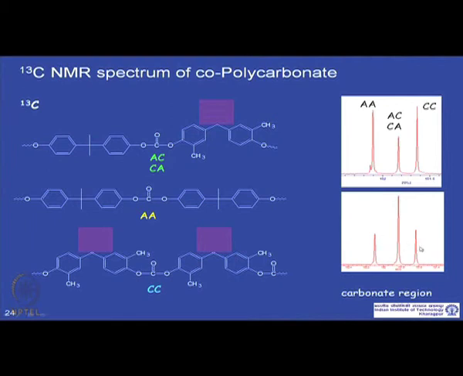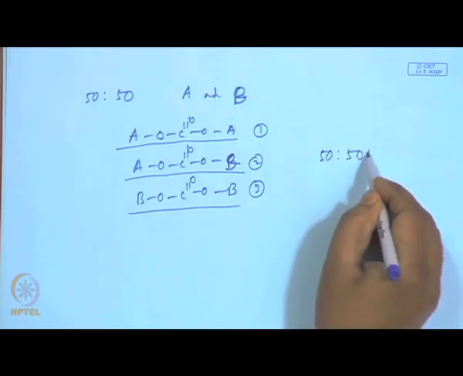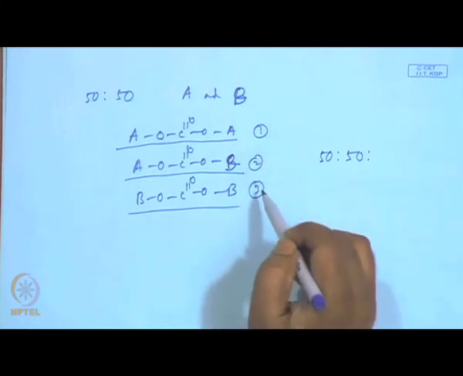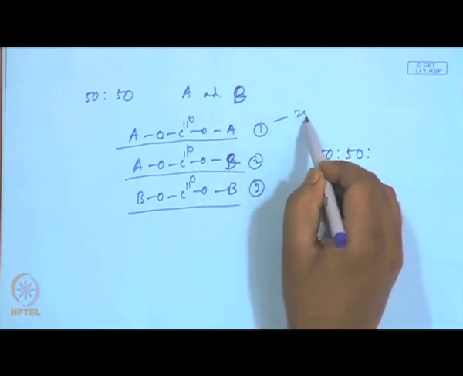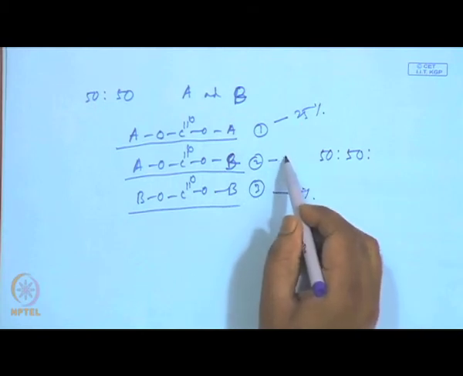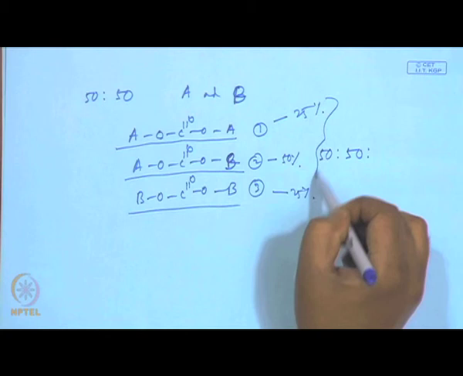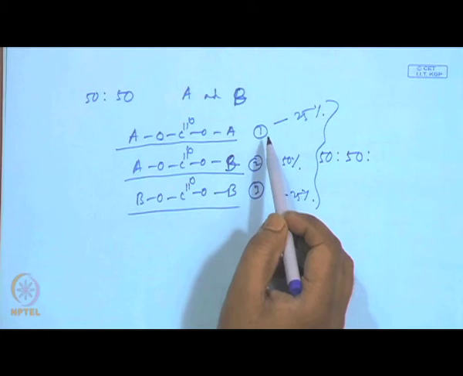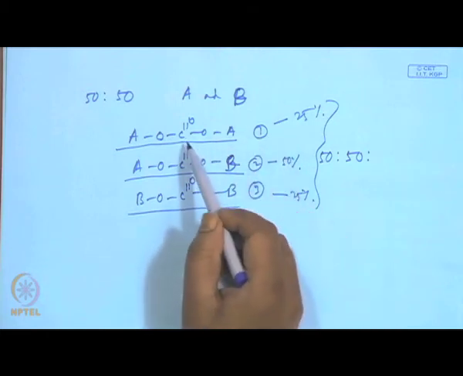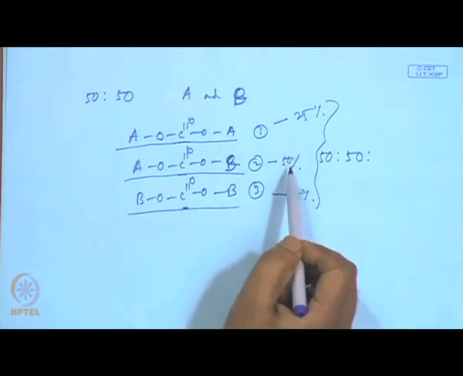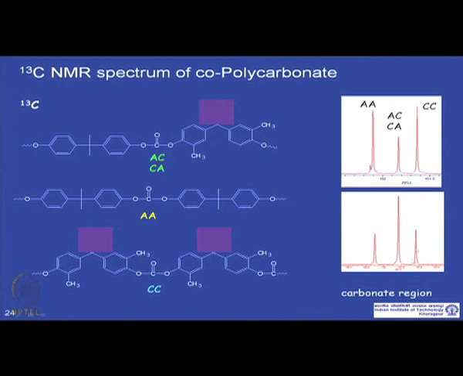So, if you start with a 50-50 mixture and it is a random copolymer, you will get this as 25%, this 25%, and this 25% plus 25%, 50%. So, if A and C form a completely random statistical copolymer, then the percentages of these three carbonate peaks would be 25%, 50% and 25%. That is exactly this example of a 50-50 copolymer.